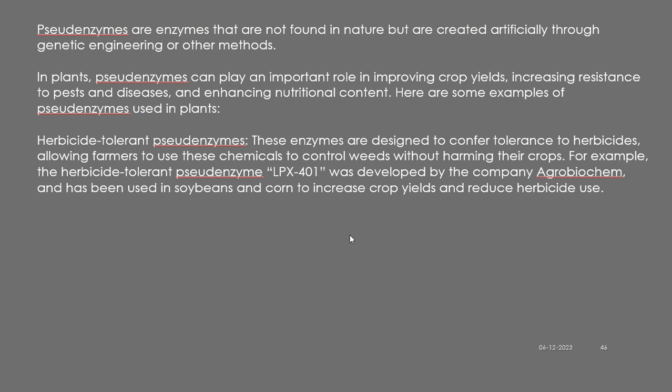For example, the herbicide tolerance pseudoenzyme LPX401 was developed by a company, and it has been used in soybean and corn to increase crop yield by reducing the herbicide.